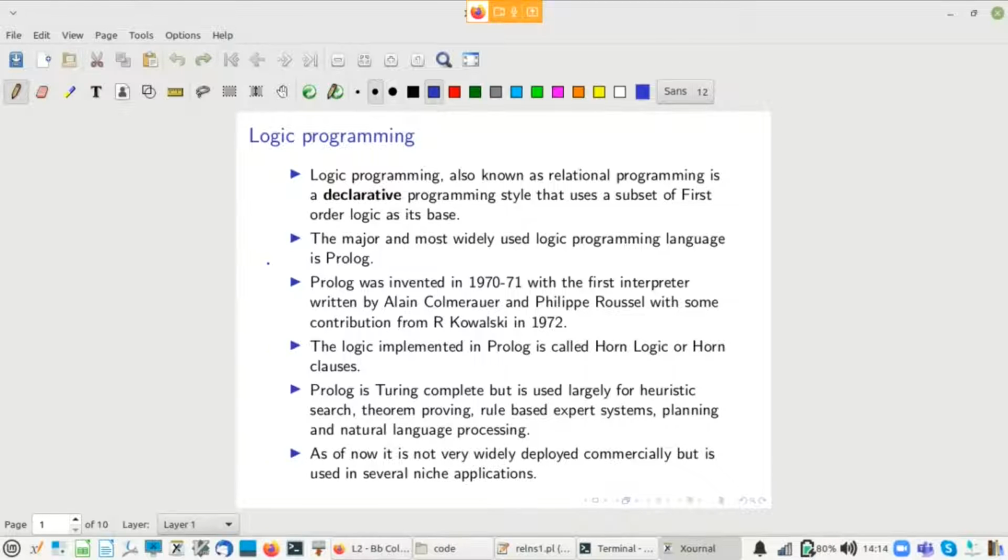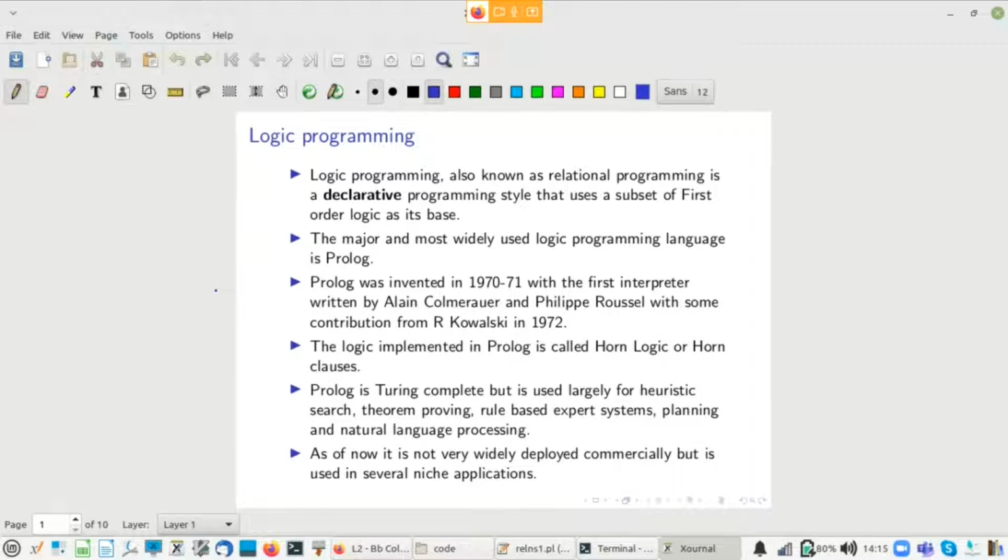But it's a very powerful language in terms of a declarative style of programming, and in particular for AI applications it turns out to be a good language to use, because very often you want to manipulate symbols here. You want to represent the problem domain in terms of certain representations and then manipulate those representations to get answers. So it turns out to be a good vehicle for that.